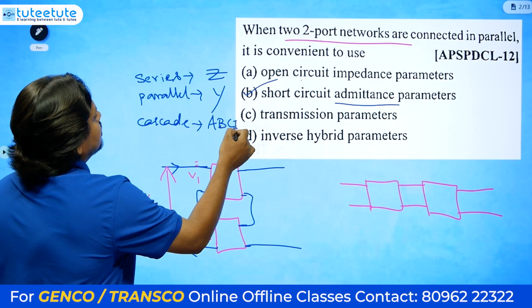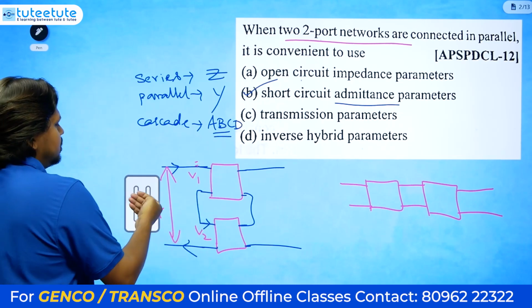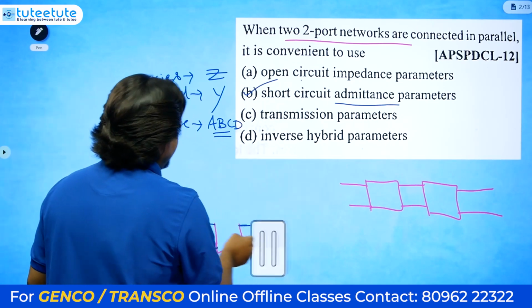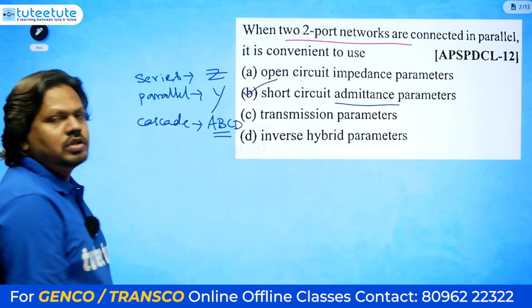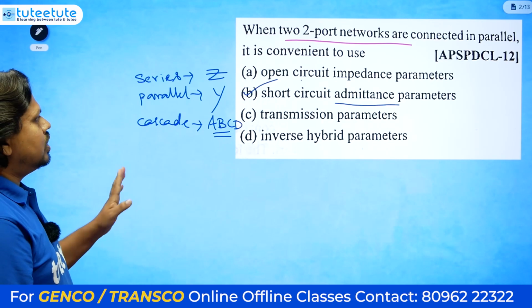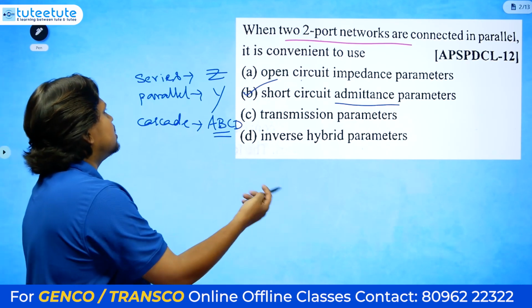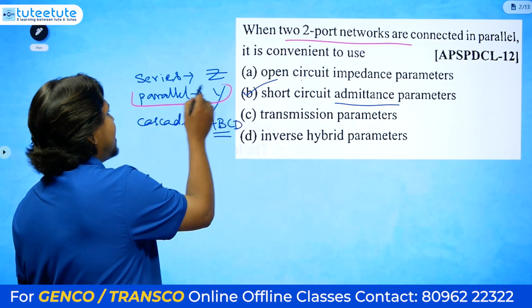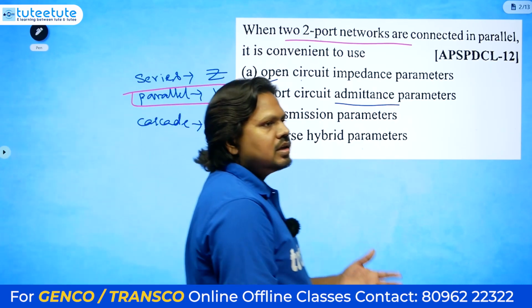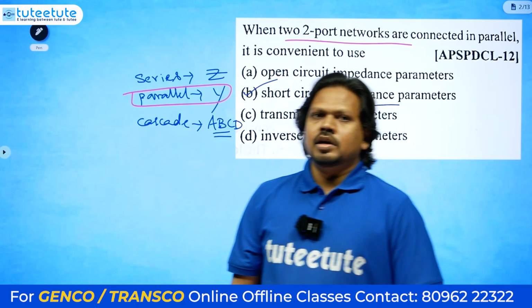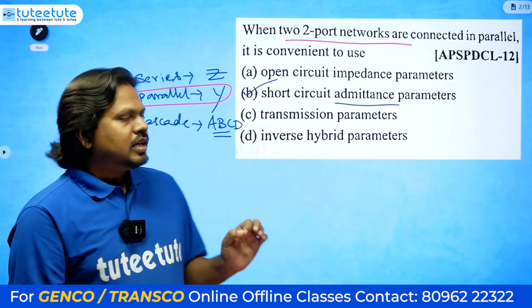ABCD parameter calculation is easier for us, the complete ABCD parameters. So according to the connection of these networks, we need to do the calculations. If a cascade connection is there and I try to calculate the Y parameters first, I will not get even very small steps, it will take longer procedures. That's why we need to solve using certain methods only.